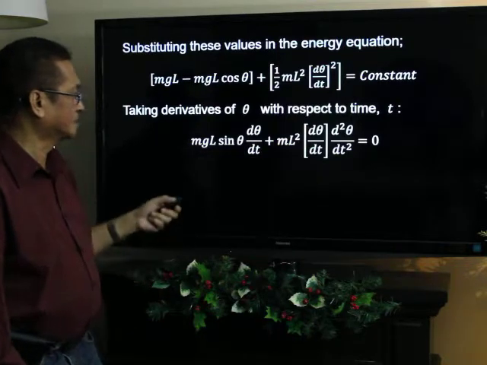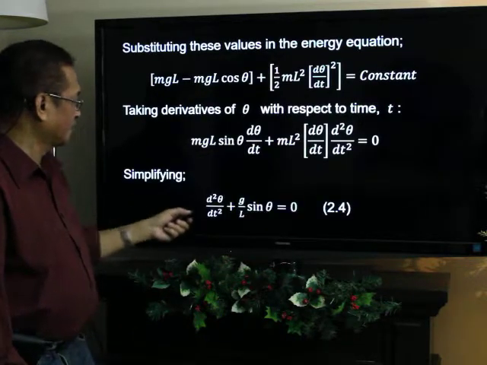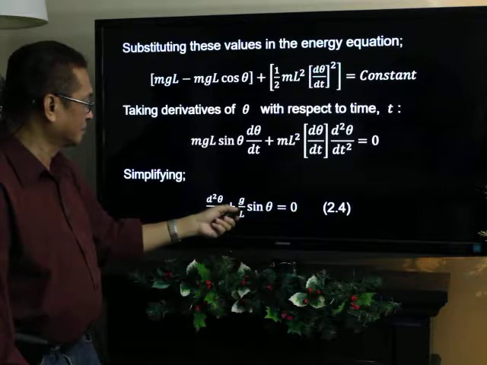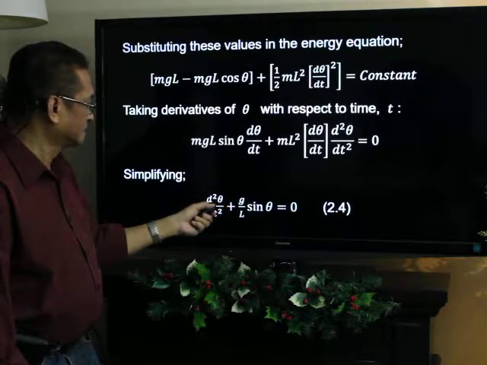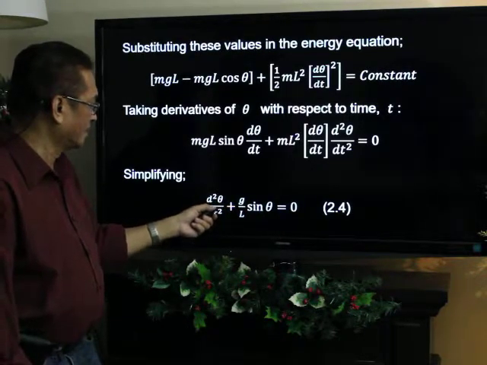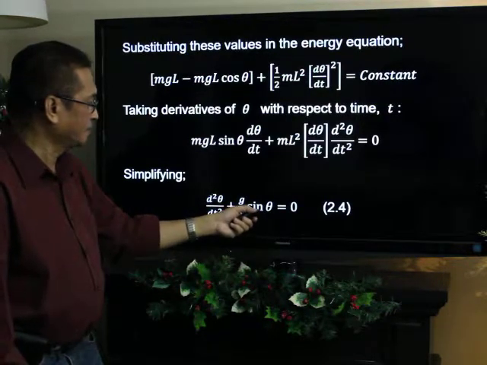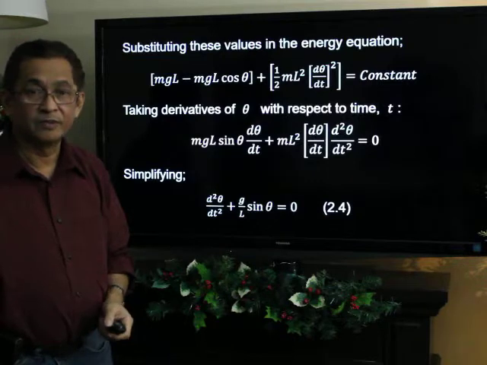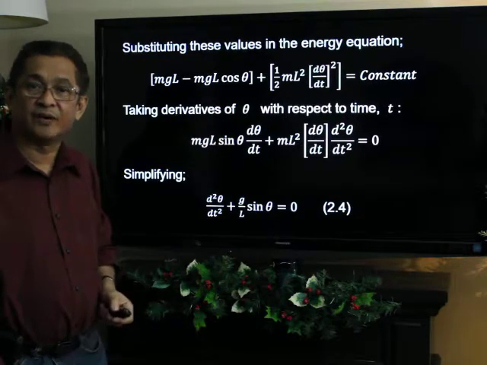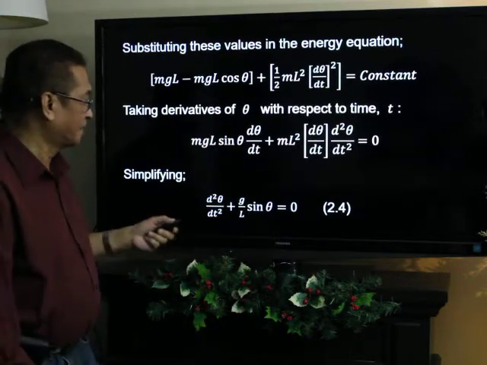It will be simplified into this equation here, second derivative of theta with respect to time plus g over L sine theta is equal to 0, which is the same equation as we have discussed previously in the first method.